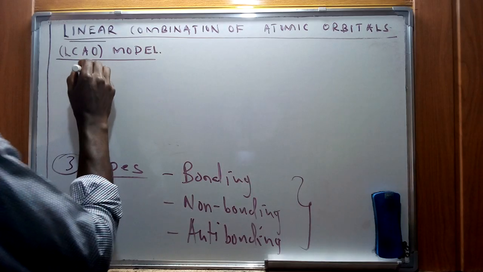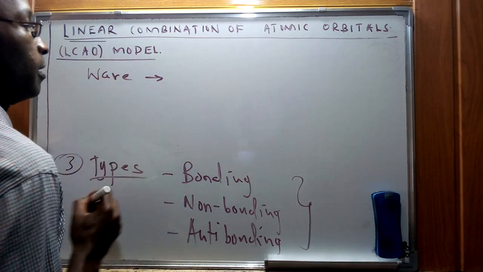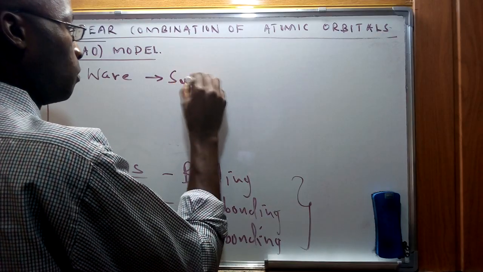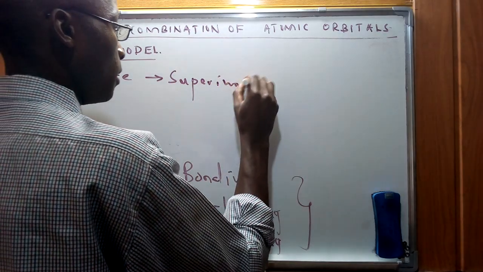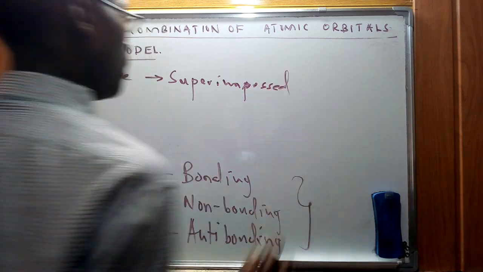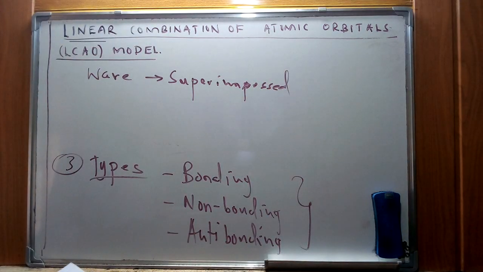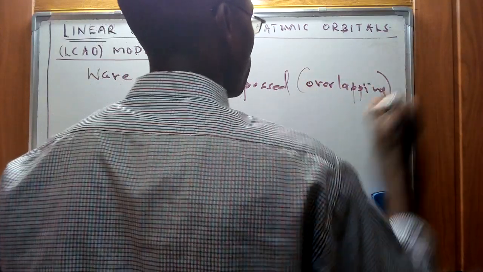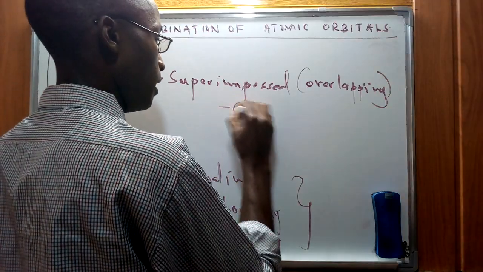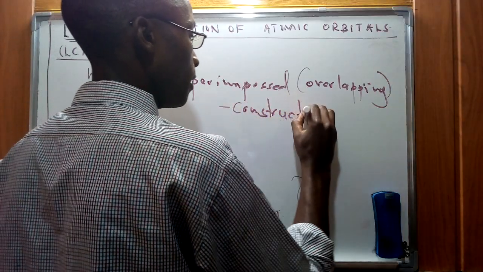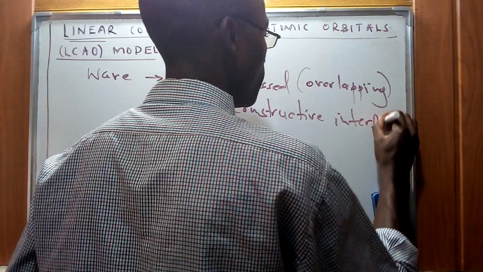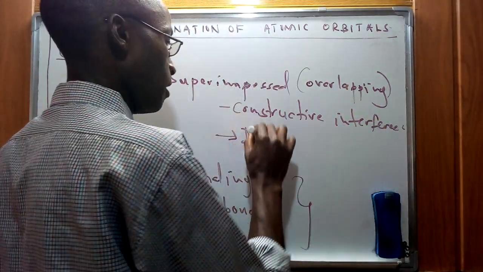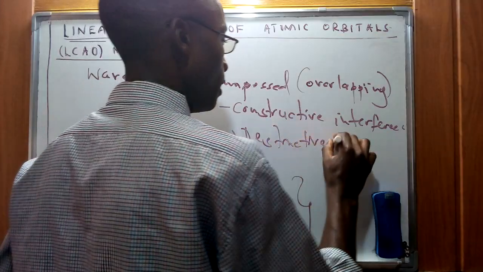Now we said that one of the properties of a wave is that it can be superimposed. Therefore there's an aspect of superimposition, and this basically means the concept of overlapping, and this overlapping for waves is going to have two aspects: either a constructive interference for waves, or a destructive interference.